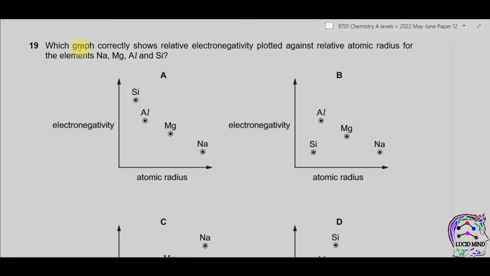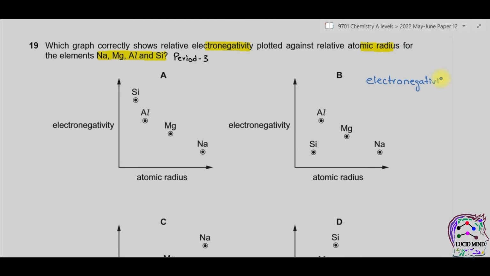Question number 19. Which graph correctly shows relative electronegativity plotted against relative atomic radius? So we have electronegativity, we have atomic radius. For elements sodium, magnesium, aluminum, silicon, they are asking about the period 3 elements. Now let's look at electronegativity. Electronegativity is directly proportional to the number of protons.